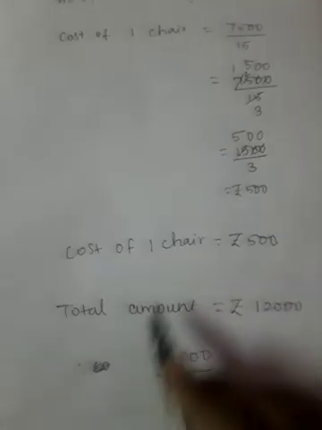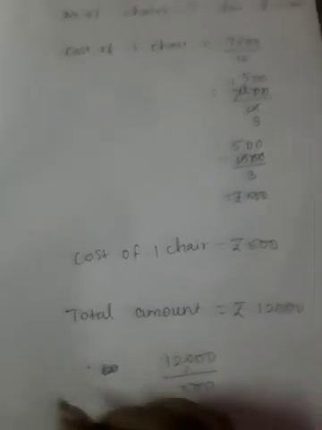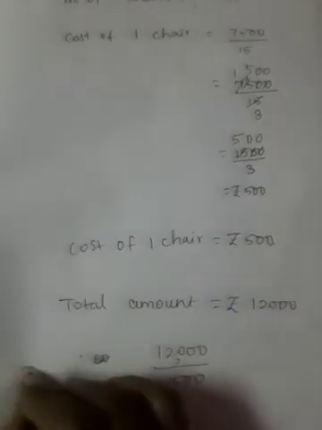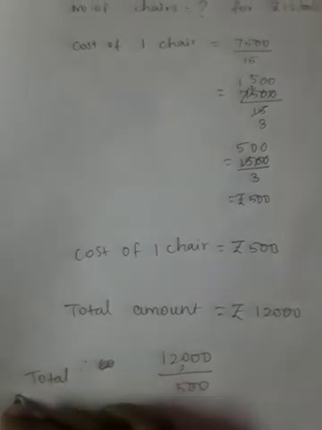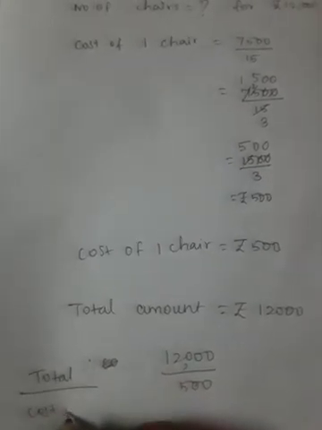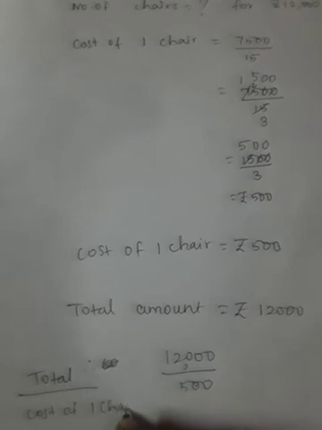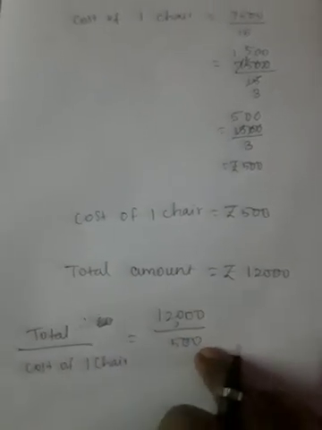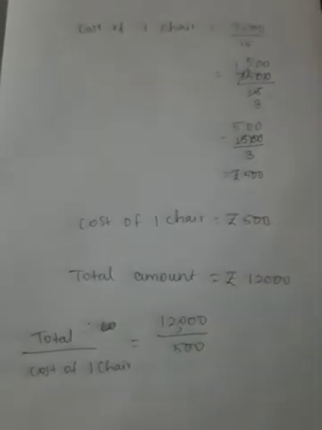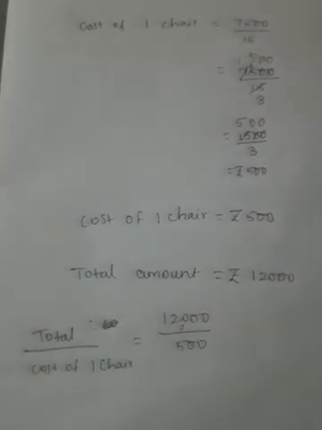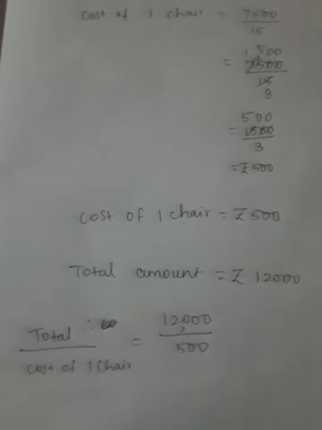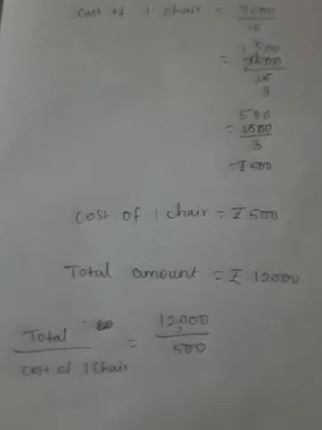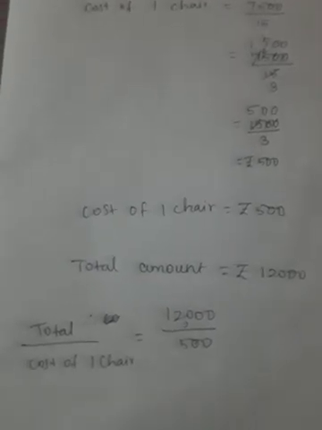So total amount divided by cost of one chair is equal to 12,000 divided by 500. If you divide both amounts, you will get the number of chairs. If you have 500 with you, you will get one chair, but you have 12,000 with you. So 12,000 divided by 500.